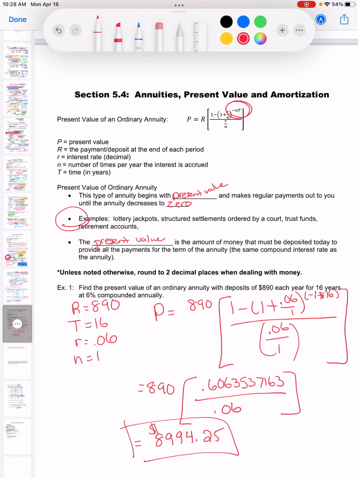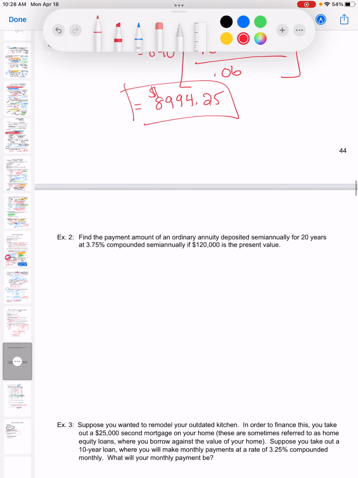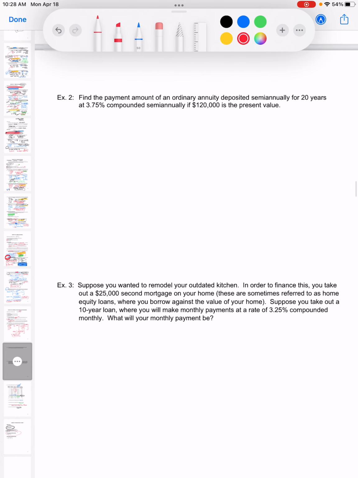All right, we've got 2 more of these, so let's go ahead and flip over and look at the next page. Example 2 here. We've seen this in every one of the sections. We've got this formula and we have to be able to solve for both sides. So here's the other side of it. We want to find the payment amount. So we're going to be looking for R, for this present value of $120,000.